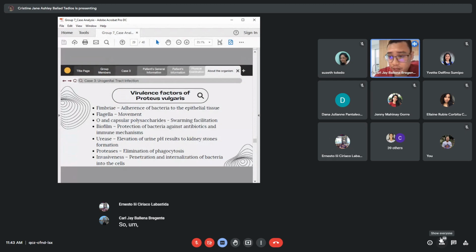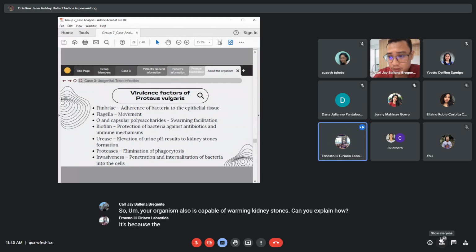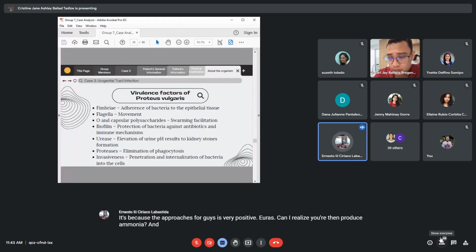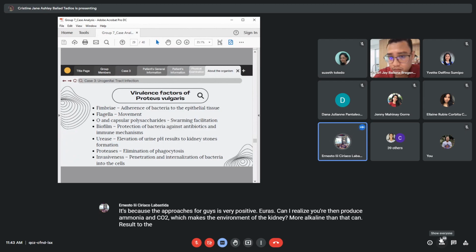Your organism is also capable of forming kidney stones. Can you explain how? It is because Proteus vulgaris is urease positive. Urease can hydrolyze urea, then produce ammonia and CO2, which makes the environment of the kidney more alkaline, and that can result in the formation of kidney stones.